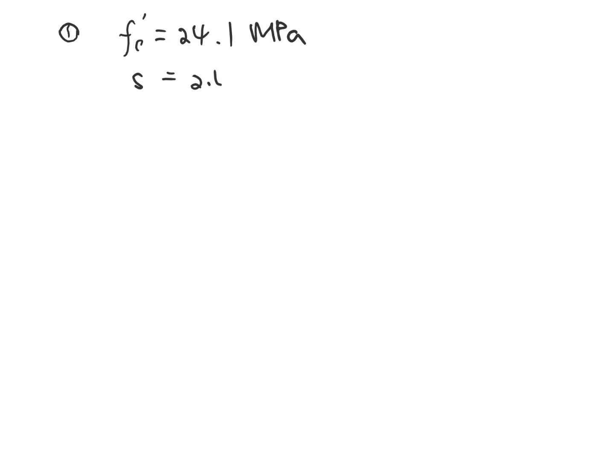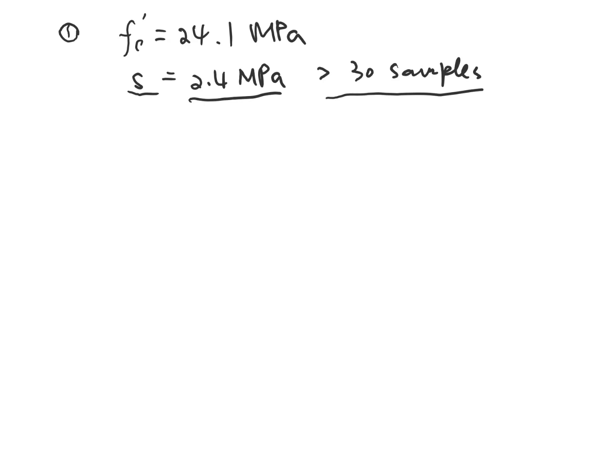So 2.4 MPa on more than 30 samples. Because we have enough number of samples to calculate the standard deviation, we don't need any modification factor to modify the value of S. So we can directly use this value in our formula.